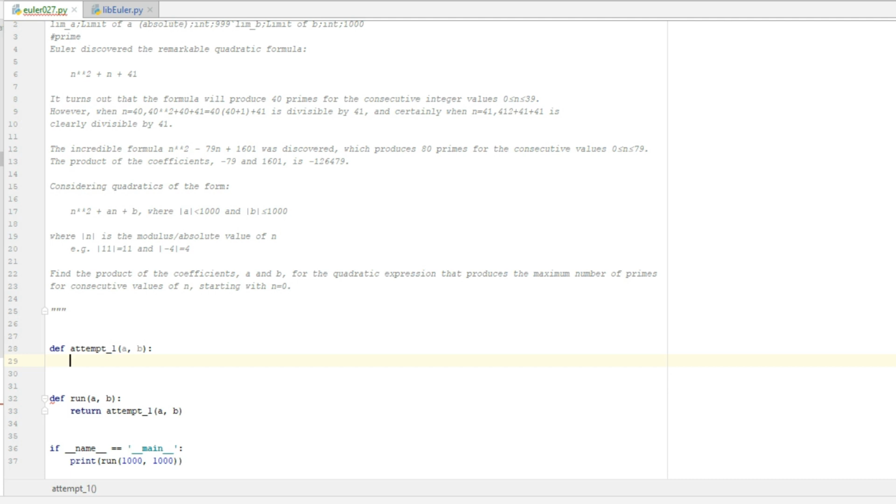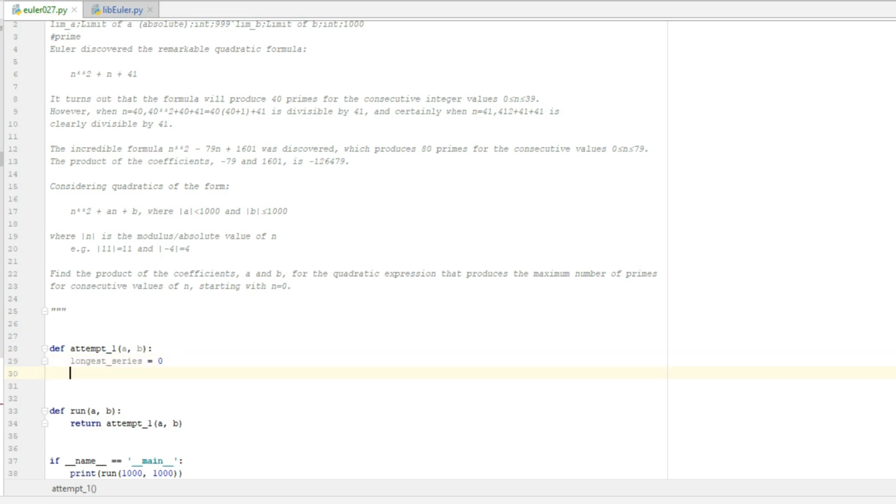So we are interested in series of primes and we will be testing. In fact, we should rename these. So I'm going to copy these names from up here.